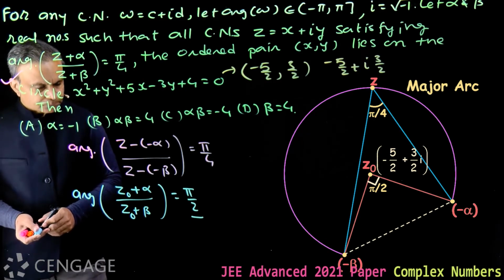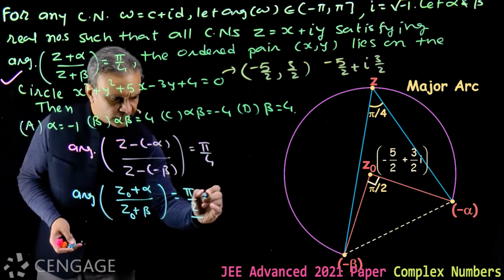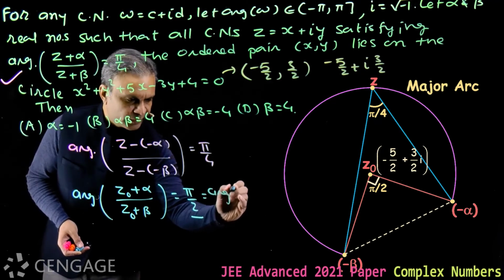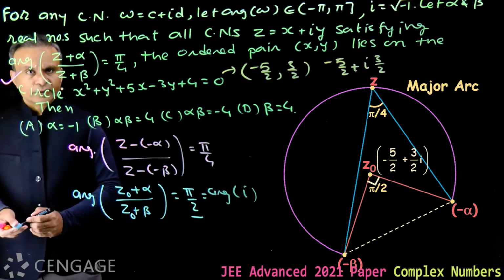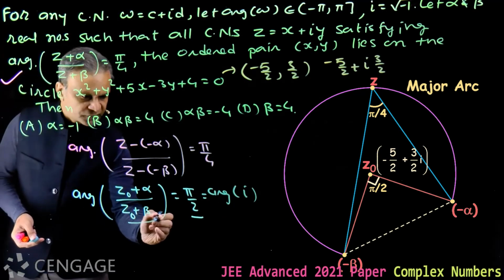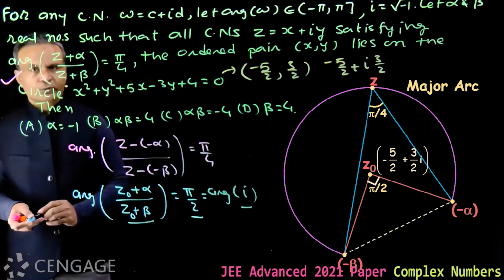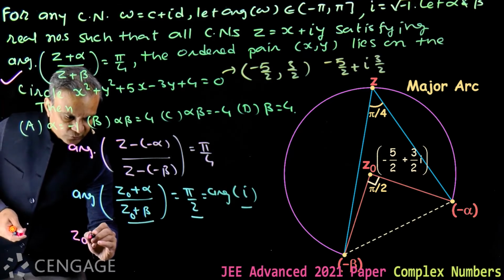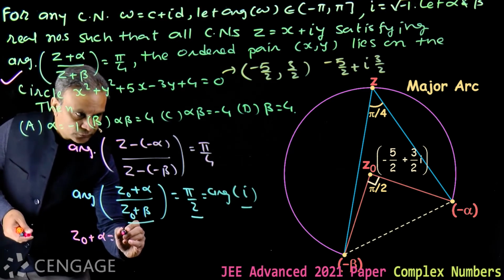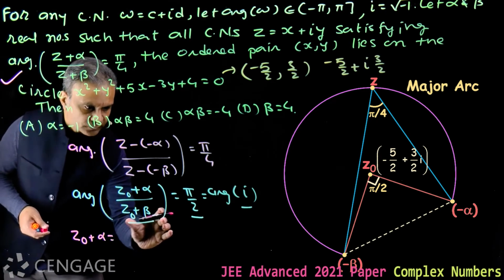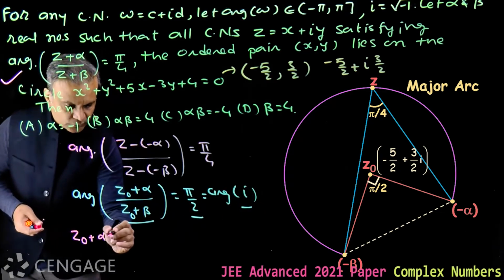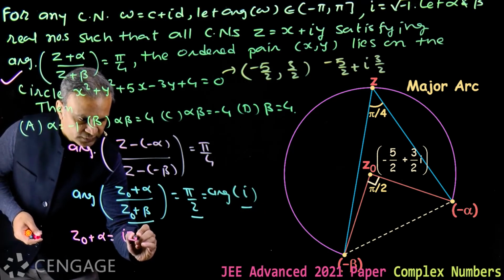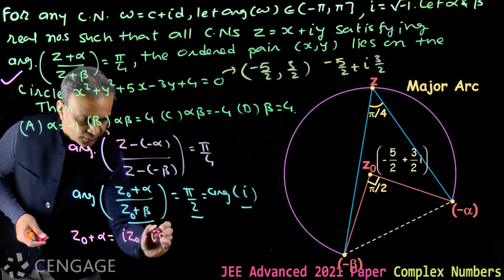That means this is the argument of the complex number iota. So this complex number will be equal to iota. So we get Z naught plus alpha over Z naught plus beta is iota. So this will be equal to iota Z naught plus iota beta.